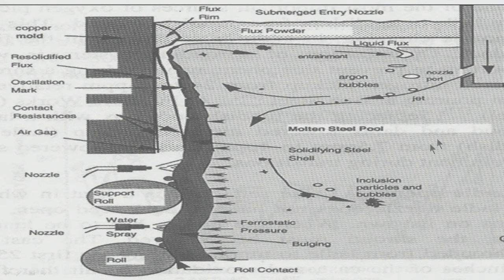So, after the mold, below the mold, there are supporting rolls, and in between there is a water spray. Primary cooling is done in the mold, but when the shell is coming out of the mold, the shell thickness has to be sufficient, all of you know, otherwise there will be a breakout. So, the strength of the shell when it is coming out of the mold matters, because unlike an ingot mold, there is nothing at the bottom.